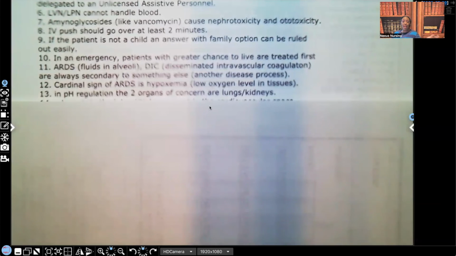Kidneys will try to help by holding on to the bicarb to balance it off. But what can the lungs try to do to help as well? Remember, the only thing the lungs can do is control the CO2. We know that CO2 is acidic, and that the lungs control the CO2, so what do you think those lungs are going to do? Blow off that CO2, try to get rid of the CO2 so that they can become more balanced.